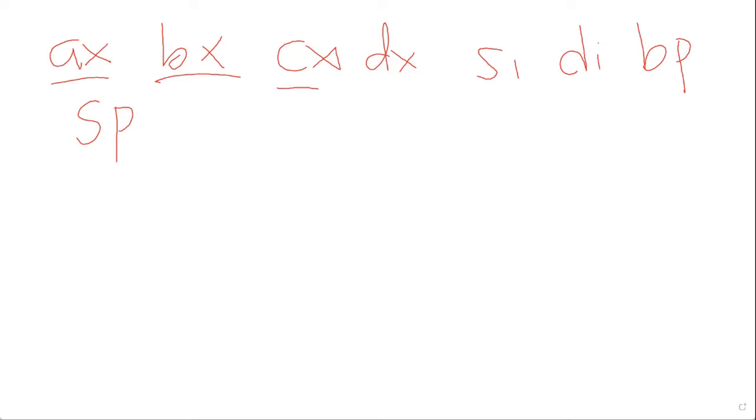So just like we learned about pointers, typically that's what SI and DI do. Now what about SP, which is also a pointer? Yes or no? SP is also a pointer. And then what's the last one? BP, right? It's also a pointer.